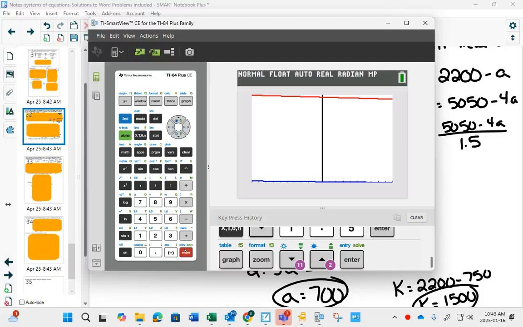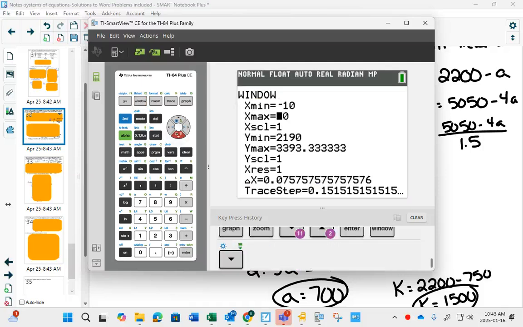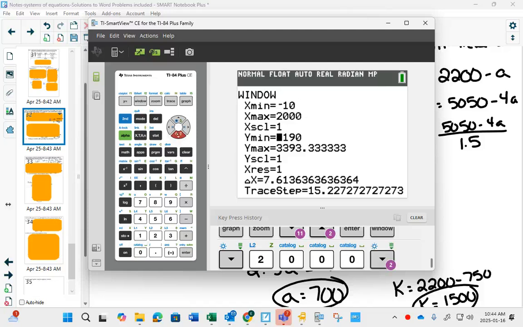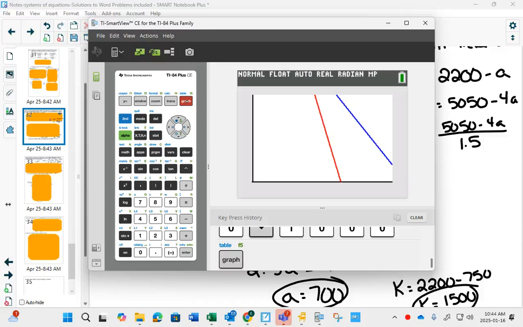Do you see the blue line and the red line? Do we see where they intersect yet? No. Does it look like they're going to intersect further over here to the right? So you can hit your window button, and if I want to see further to the right, I could go, and I already know the answers, so I know that my x is going to be 1500, so I might put 2000 on there, and I know that my y has got to be... I almost drew it right.